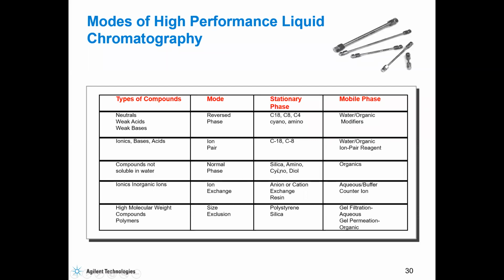For normal phase, your stationary phase will be polar, can be silica, amino, or diol, and your mobile phase will be non-polar. For ion exchange, you use the ion exchange resin, and your mobile phase will be aqueous buffers. Then for high molecular weight compounds, we use size exclusion chromatography. Most times we use normal phase for compounds that are not soluble in water.